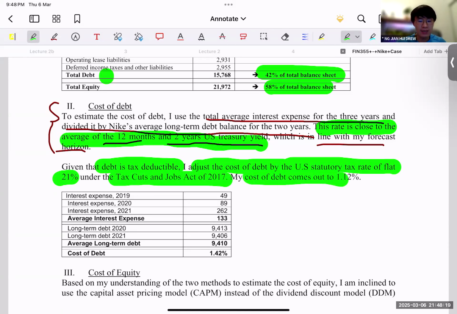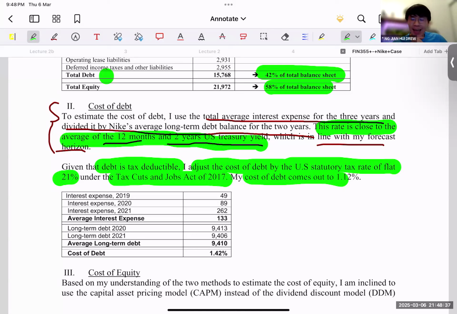So my cost of debt turns out to be 1.12. Okay, I see that, that's better. So this is a bit on tax really. So it's a bit interesting.